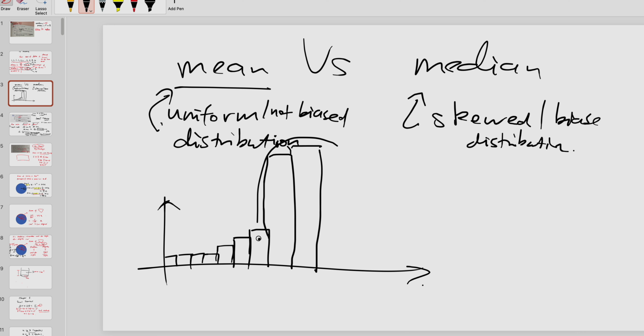Can't you see it's skewed? Yeah, it's very skewed, right? So this is called a skewed distribution of data.